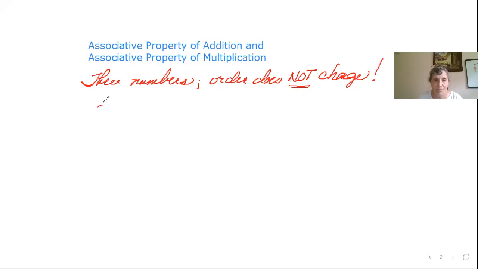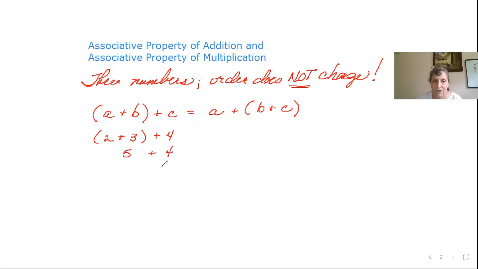The associative property for addition says that if you add A plus B together and then add C, you'll get the same answer for A plus B plus C that you get if you add the B and the C together first and then add A to that. So if we have 2 plus 3 plus 4, that would be 5 plus 4, which is 9.